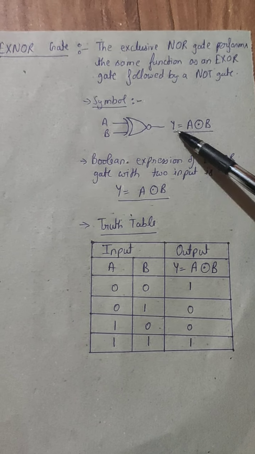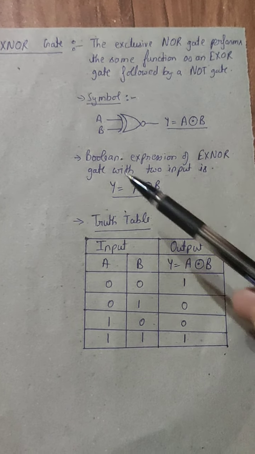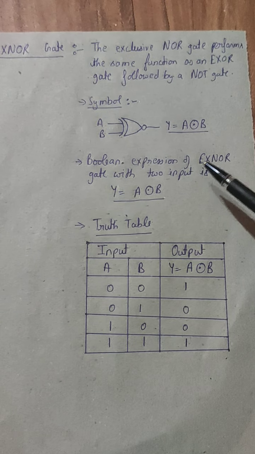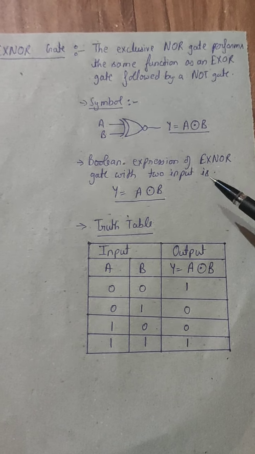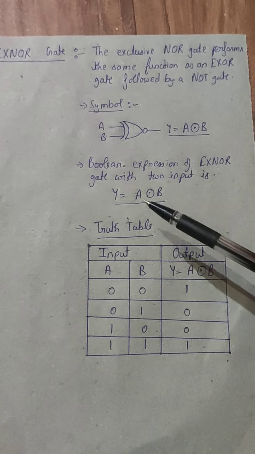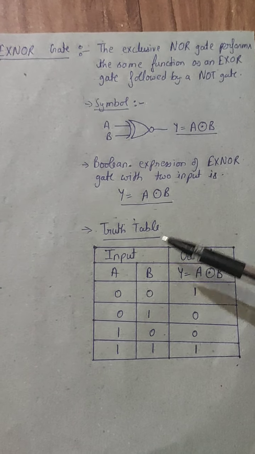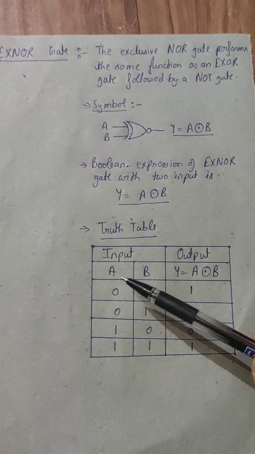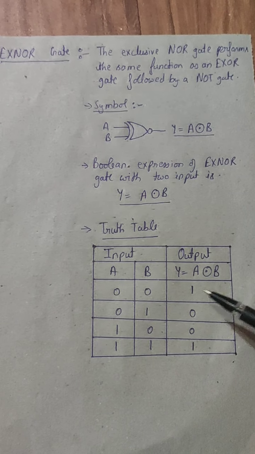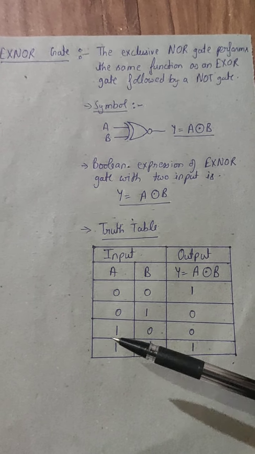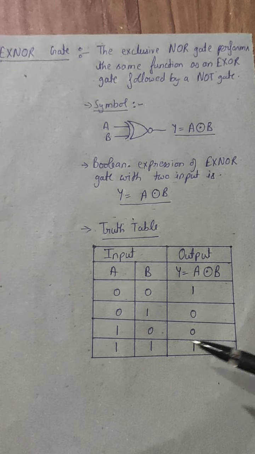The Boolean expression for the XNOR gate with two inputs is this: y is equal to A XNOR B. The truth table for the XNOR gate is this: for two input variables, 0 0 output is 1, 0 1 output is 0, 1 0 output is 0, 1 1 output is 1.